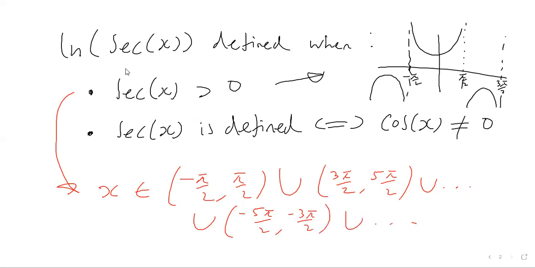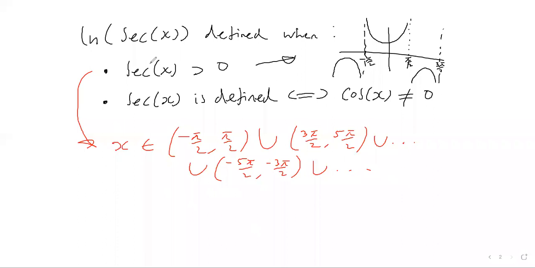So how can we write this set in a more efficient way? Well, we can just say that this is the set of x values for which x is between 4k minus 1 times pi over 2 up to 4k plus 1 times pi over 2. So why does that work?